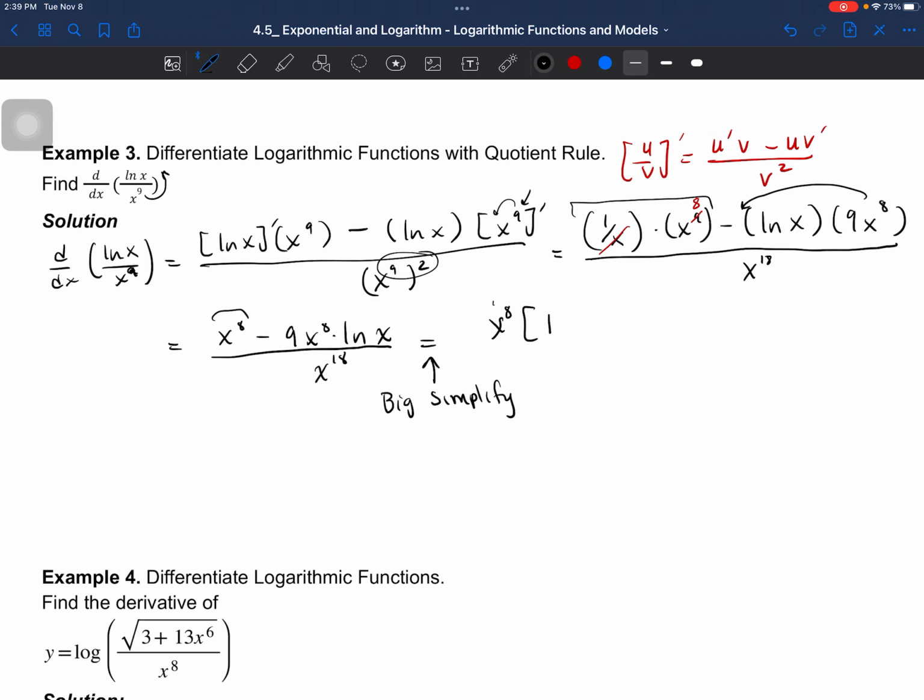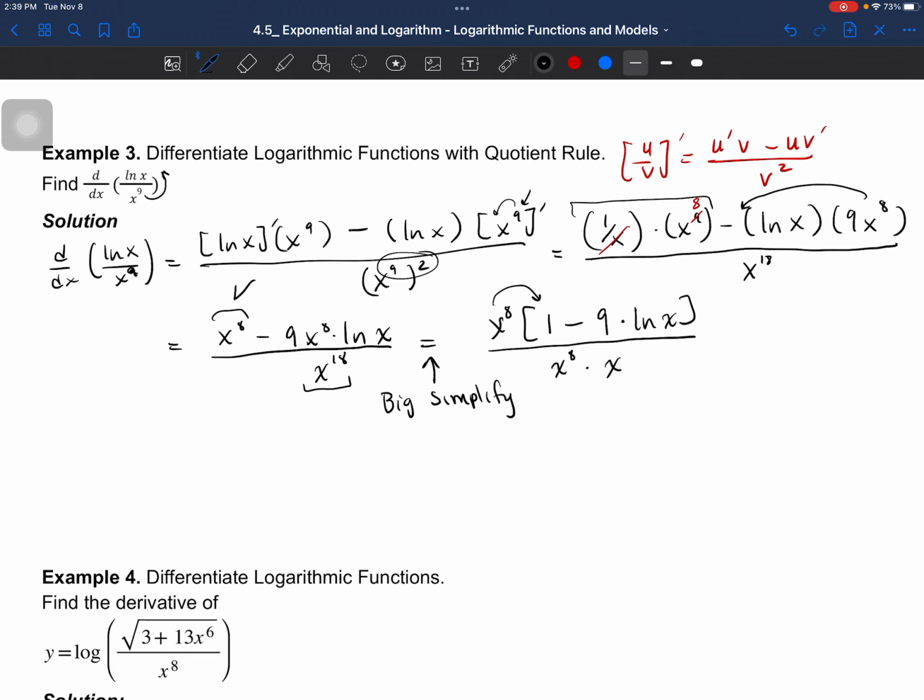So we're gonna factor that x to the 8 out so that we can have now x to the 8, and then if you factor the x to the 8 from here, then you're left with 1, right? That way when you multiply it back, you end up getting this. So minus 9 times, if you factor the x to the 8th, then that's gone. There's technically a 1 left behind, and also the natural log of x is left behind.